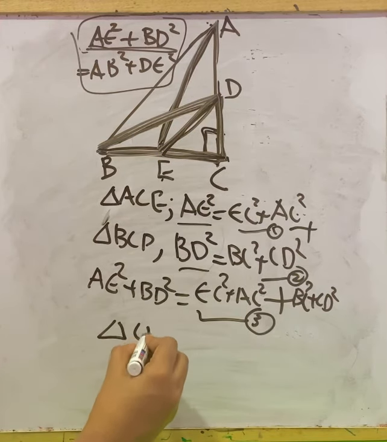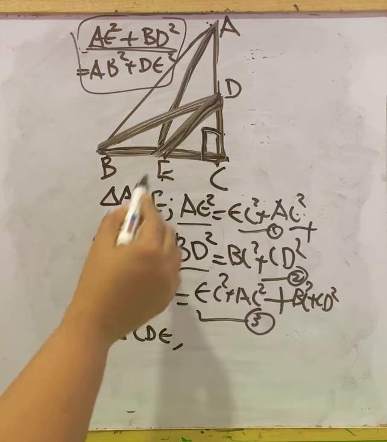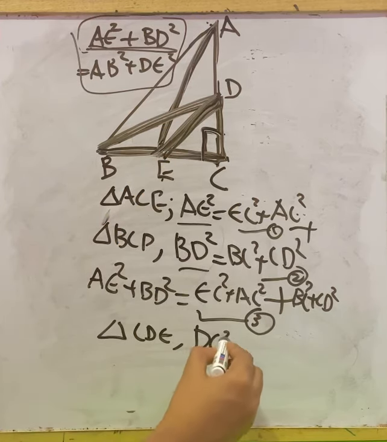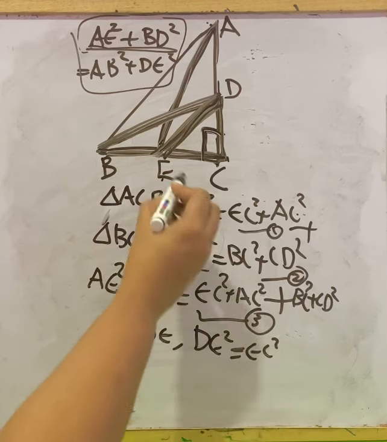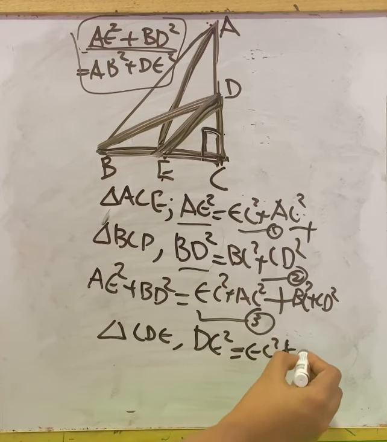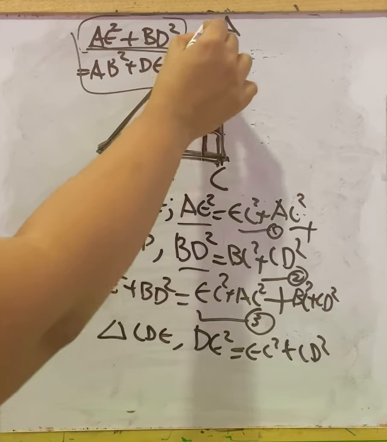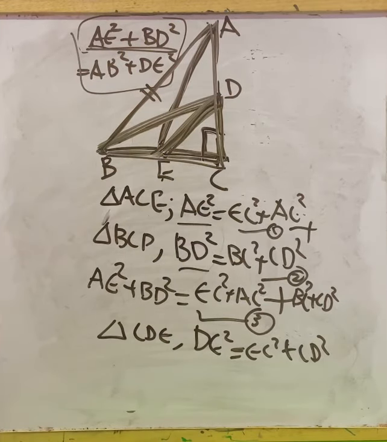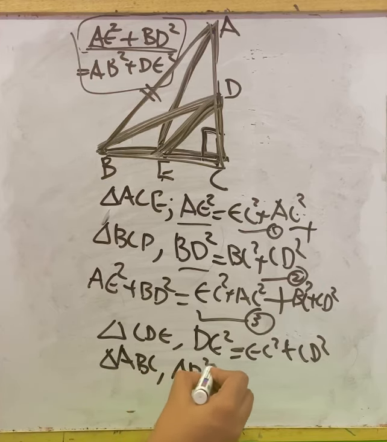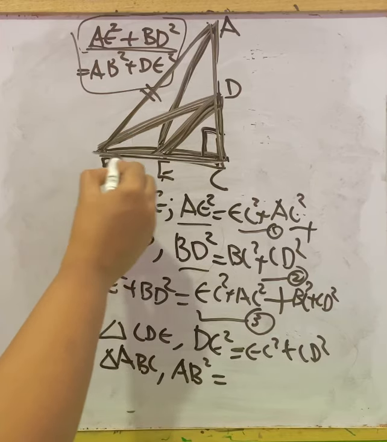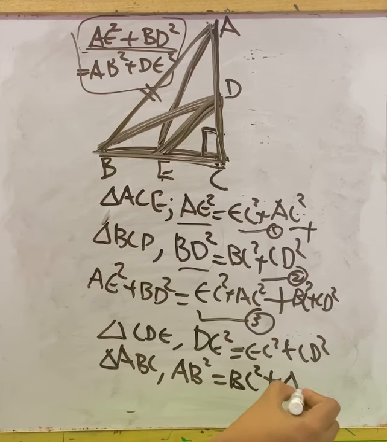Now consider another right triangle, the smaller one, triangle CDE. In that we can see DE is the hypotenuse because here we have the right angle. So DE square is equal to EC square, that is base, plus this height CD square. Also in the bigger triangle ABC, AB is the hypotenuse. So we have AB square equal to base BC square plus height AC square.